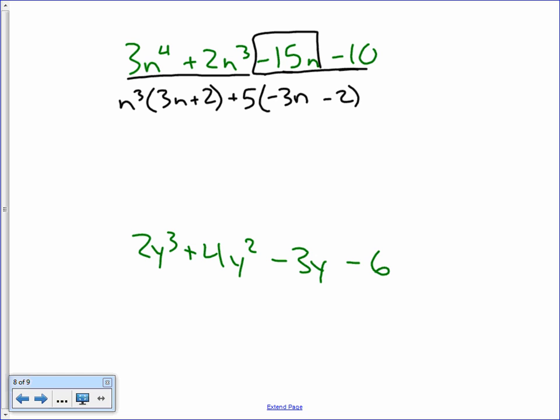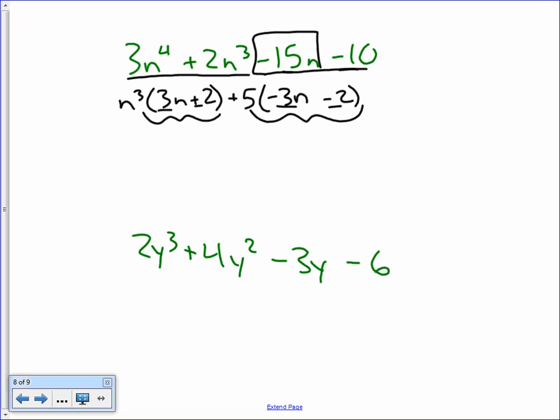Now notice how this and this are not exactly the same. So right now I cannot bring those numbers in front together. Not yet. But notice how they're very close. The only difference is that I have a positive 3n and a negative 3n. I have a positive 2 and a negative 2.